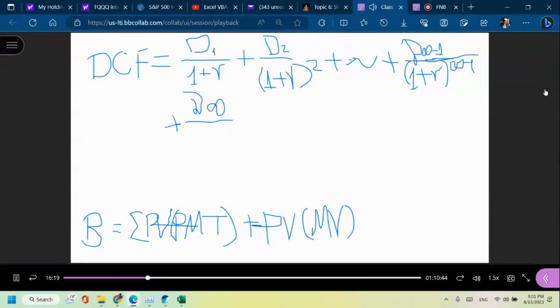It's pointless and meaningless to keep extending it, right? We just treat infinity, for convenience's sake, as some terminal point, 1 plus r raised to infinity, right? Okay, so it keeps going like that.